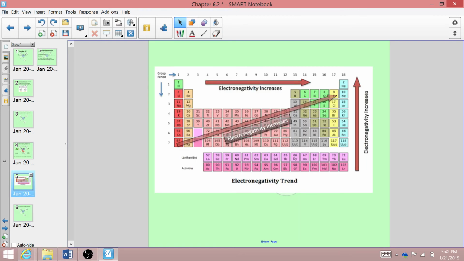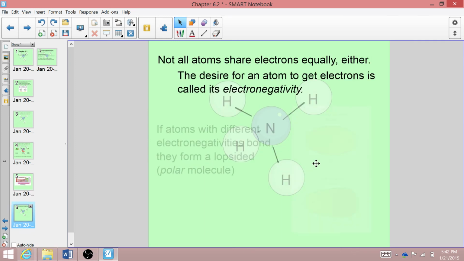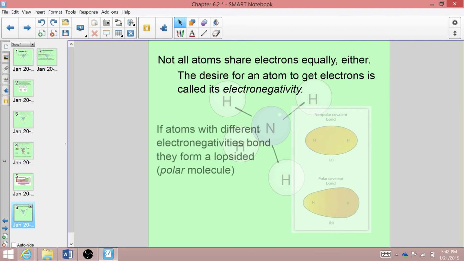If it wants to get rid of them, and it doesn't want to gain those electrons, it has a very low electronegativity. So depending on the electronegativity of the atoms you have together, if one is more electronegative than the other, if one wants the electrons more, it'll form a lopsided looking molecule, and that's what we call a polar molecule.